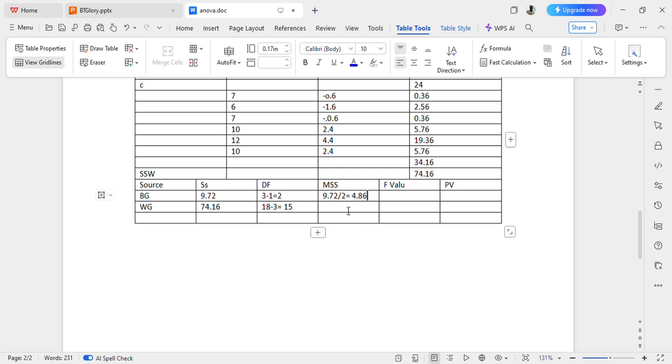Then here we have 74.16 divided by 15 gives you 4.94.